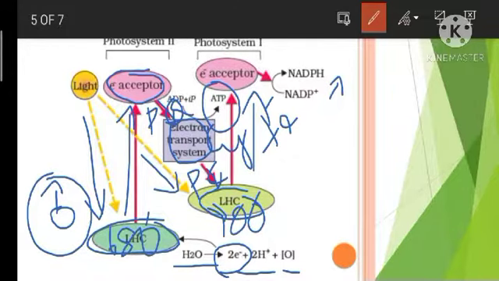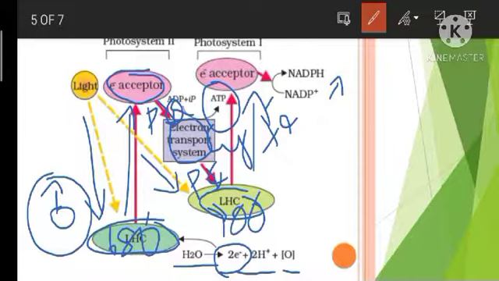Energy rich compound called ATP will be synthesized when the electrons are transported along the electron transport system. At the same time, hydrogen ions will also be carried, and those hydrogen ions will help in the synthesis of ATP. So thus one of the energy rich compounds, ATP, is synthesized.